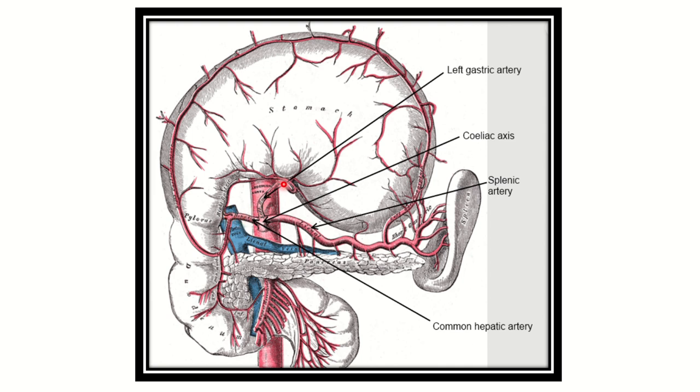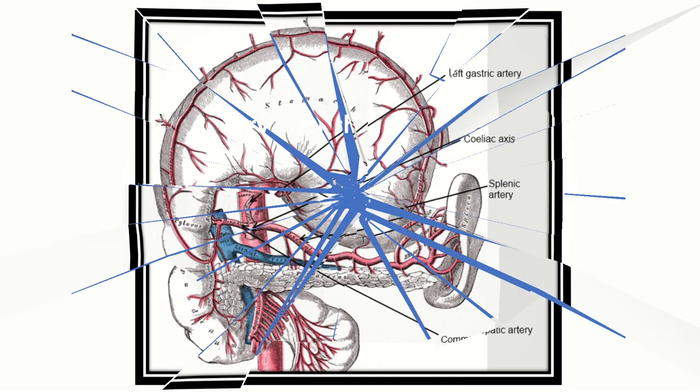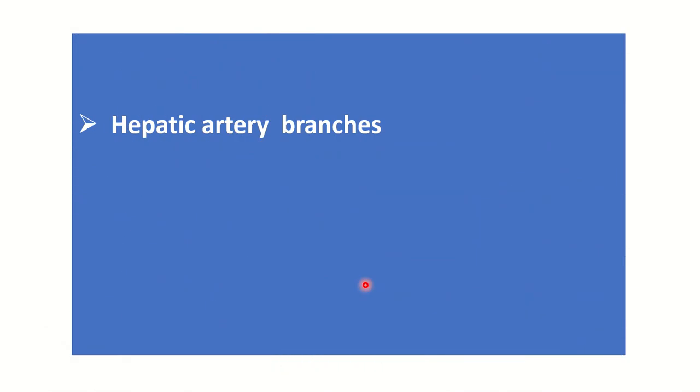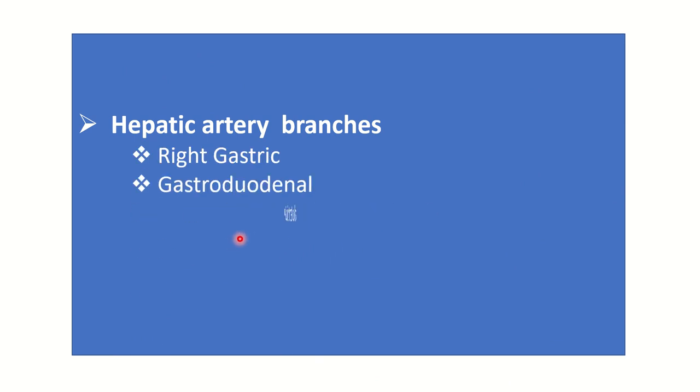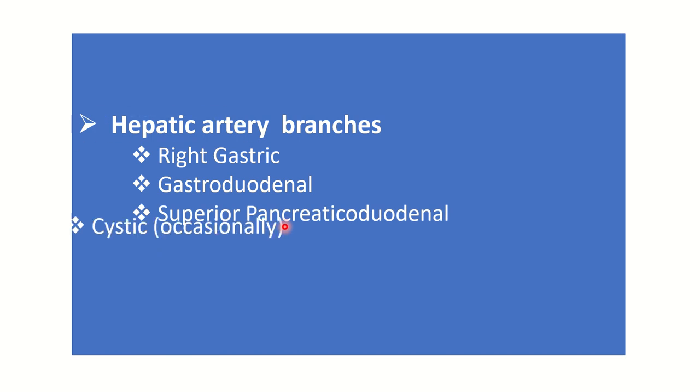Here this is the left gastric, and this is the splenic artery. Then the hepatic artery gives three important branches. Here we can see the right gastric artery, gastroduodenal artery, superior pancreaticoduodenal artery, and cystic artery.